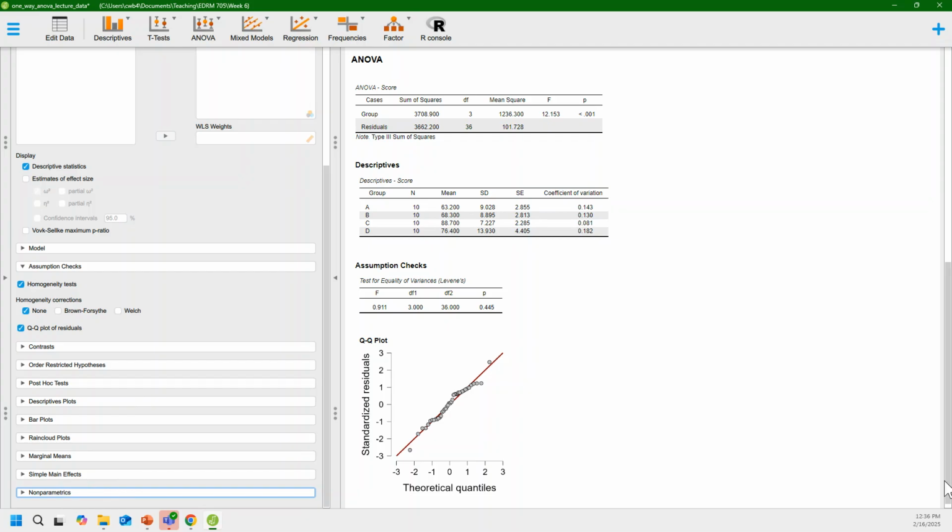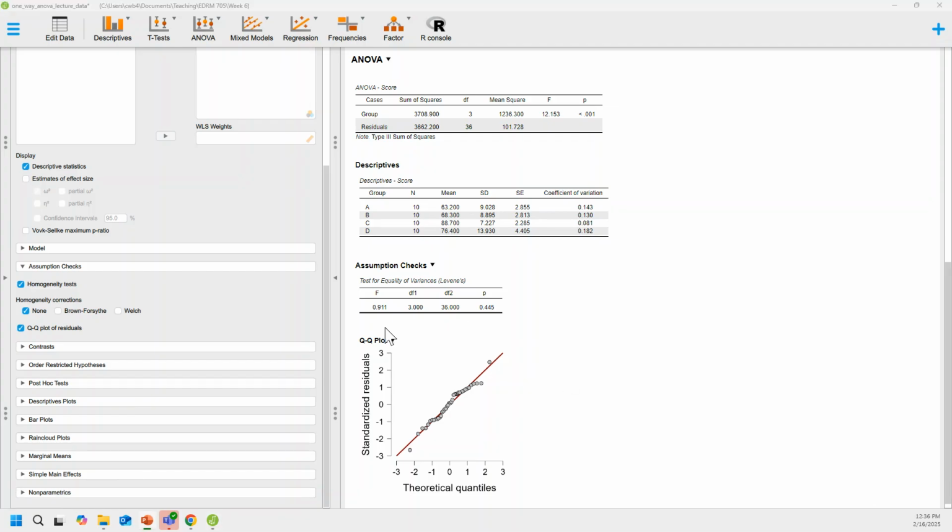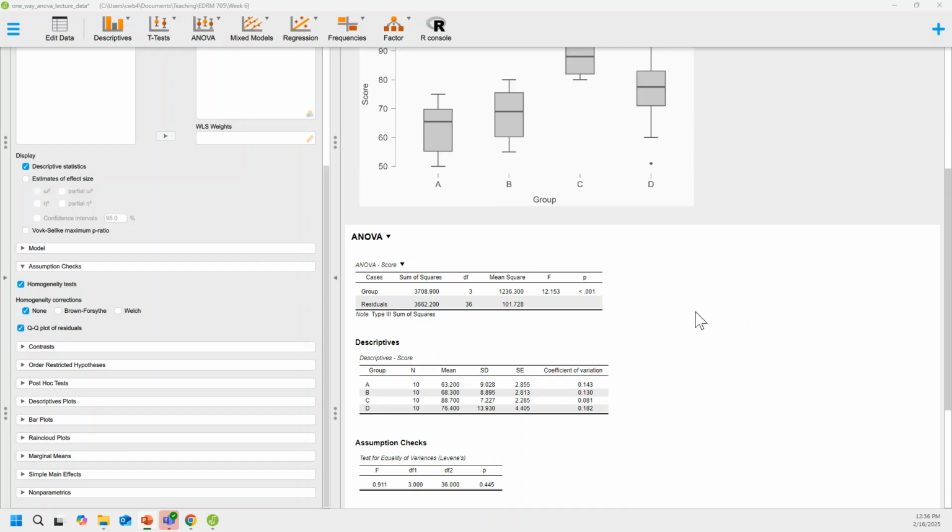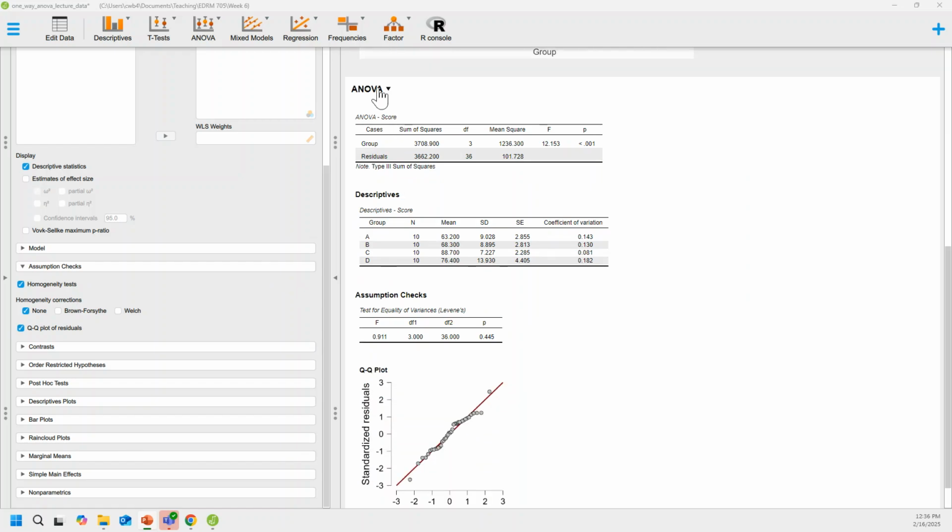So what I'm going to do here is scroll up, and we have our ANOVA results here. Notice, this is my ANOVA information. Now, I want to show you our ANOVA table. It has my between group variable, so my factor, listed here.